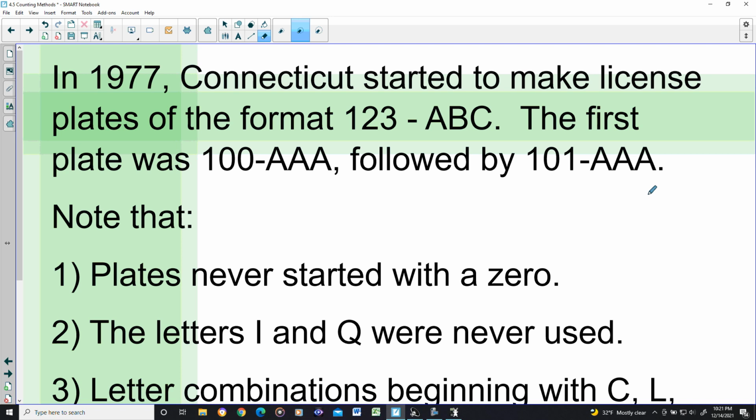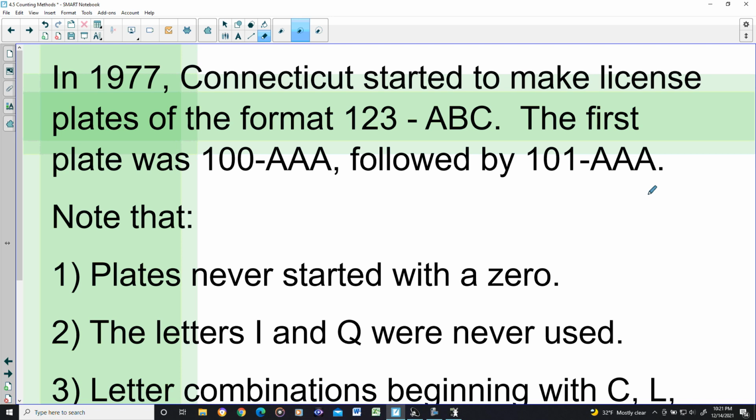So they start with 100 AAA, then 101 AAA, 102 AAA, 103 AAA, until it gets to 999 AAA. And then after that, they go back to 100, and then they increase the letter. They go AAB.